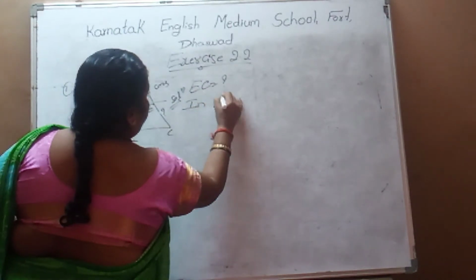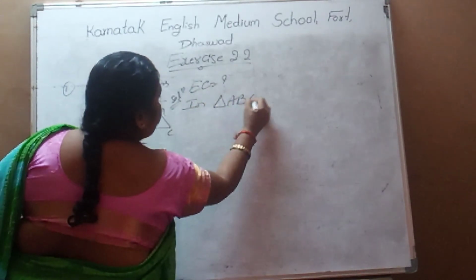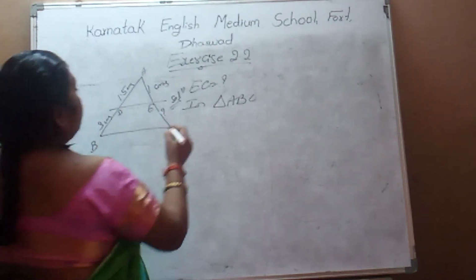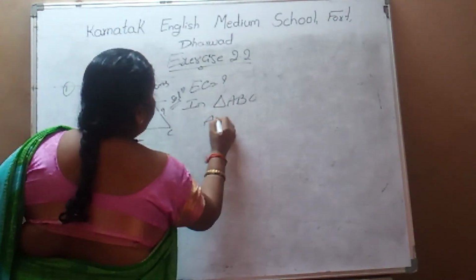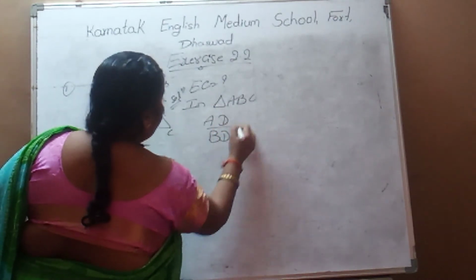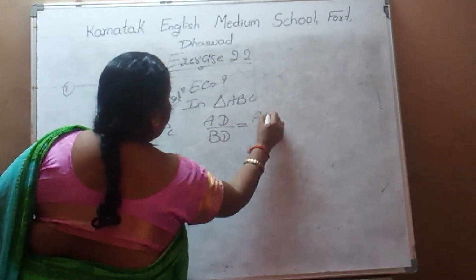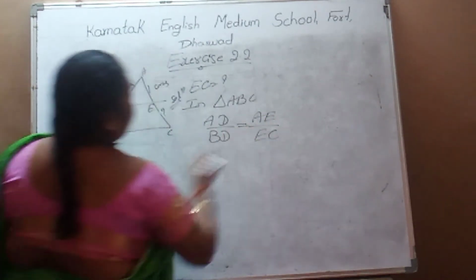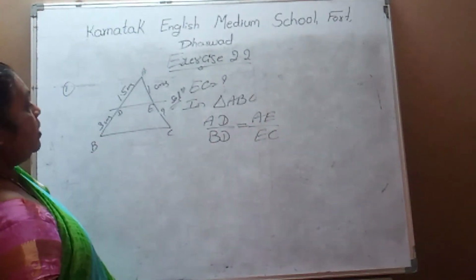In solution, in triangle ABC, you already studied that BPT theorem. AD upon BD equals AE upon EC.